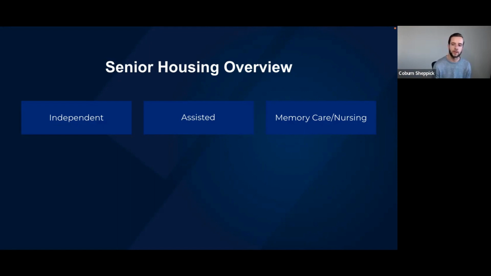And then there is memory care or nursing homes. These are where there's actually medical people on site, full-time potentially, where there's a care aspect. There's in-room nursing, hospital equipment, stuff like that. So these are the three types of senior housing.